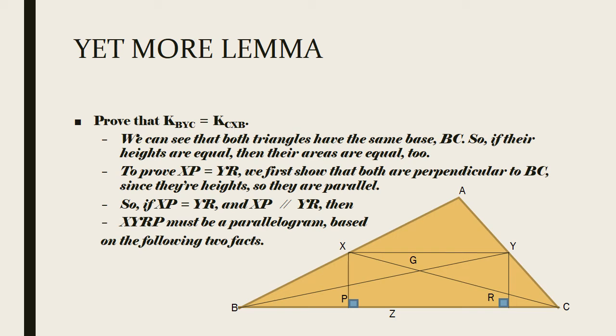So to prove that XP is equal to YR, we'll notice that they are both perpendicular to BC, since they're heights, and so they're parallel to each other. And so if XP is equal to YR and XP is parallel to YR, then it follows that XYRP, that quadrilateral formed there, must be a parallelogram based on the following two facts.